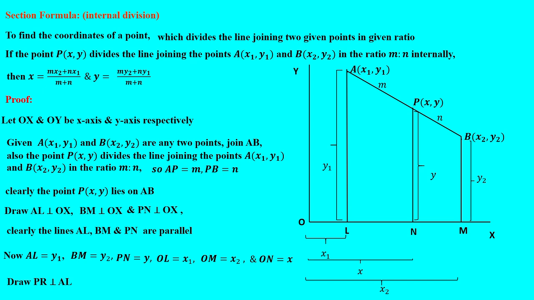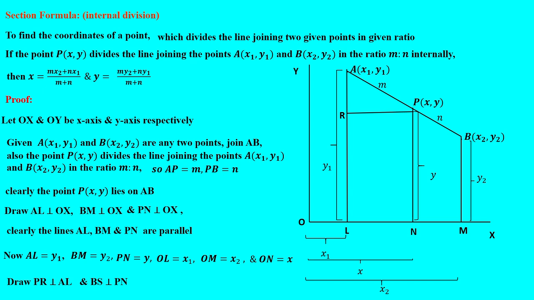Draw PR perpendicular to AL. Now we are drawing a line from the point P which is perpendicular to AL, right? Now BS perpendicular to PN, right?